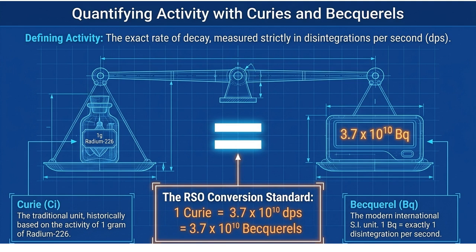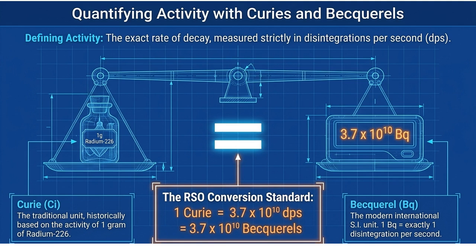Quantifying activity with curies and becquerels. We quantify radioactive activity by measuring the exact rate of decay in disintegrations per second (dps). The traditional unit is the curie (Ci), historically based on 1 gram of radium-226.